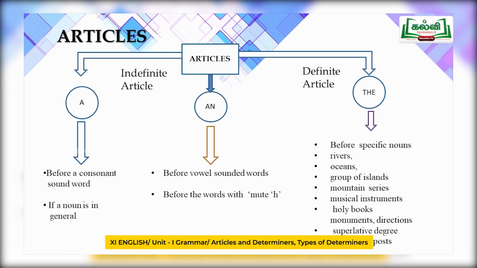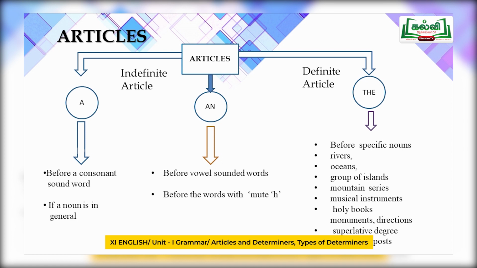Next point is great monuments: the big temple, the Charminar, the Taj Mahal, the Qutub Minar. Next one is before directions, that is the east, the west, the north and the south.